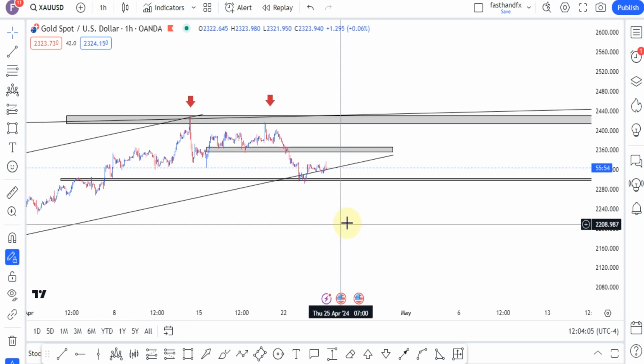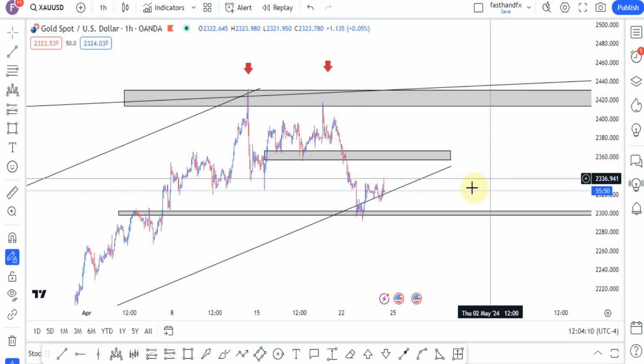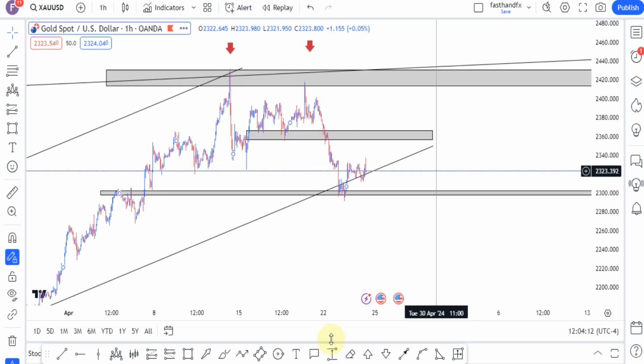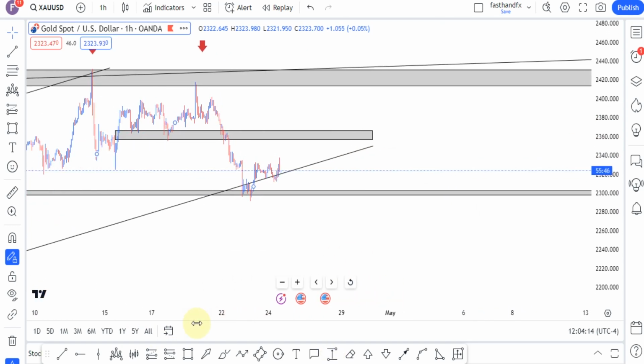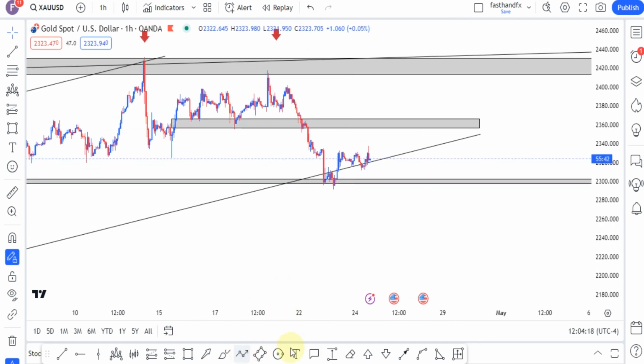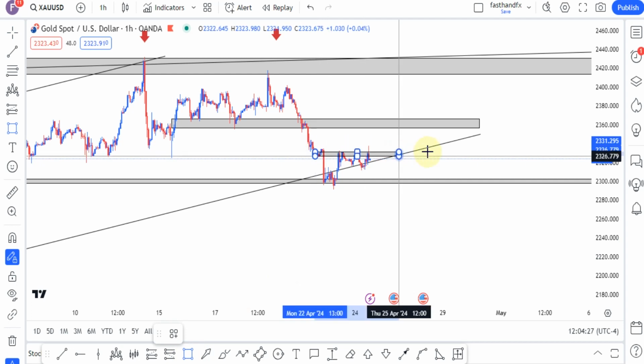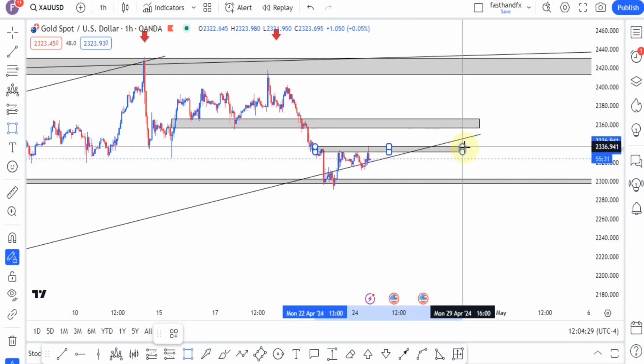So at this point, we'll just wait and see what the market will be doing around this area where the market is consolidating. Then if the market does break above this area, this immediate high, we should be going in for buys.